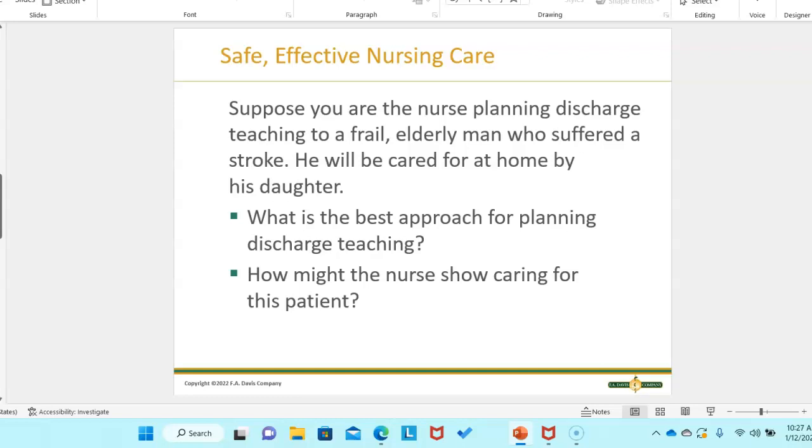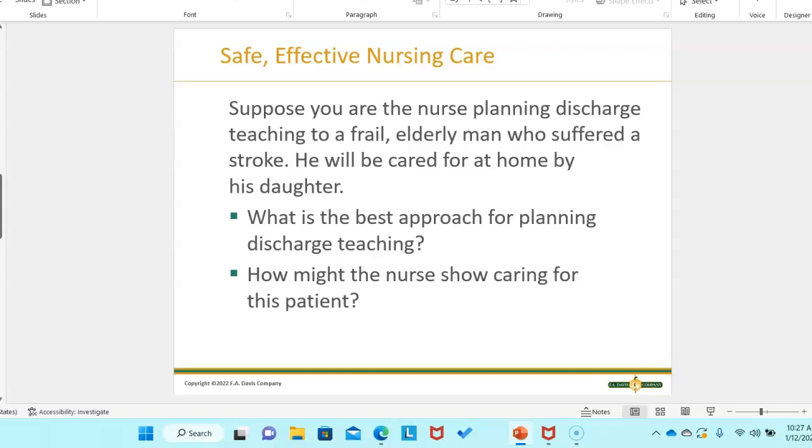Printed instructional materials might be helpful to this older adult or family caregiver as a way to reinforce the information and remind them of the discharge instructions. Use repetition and reinforcement. Show back return demonstration is a good way to know if he understands correctly.